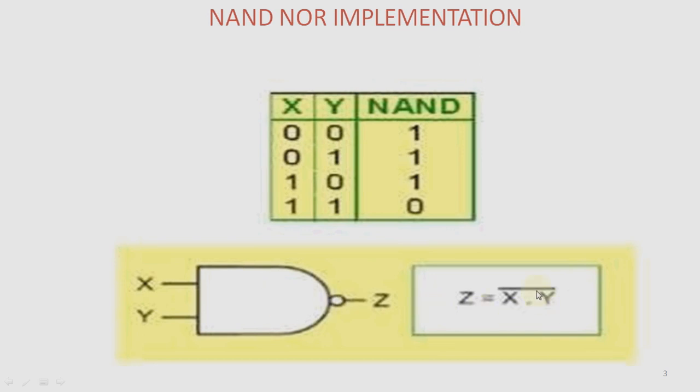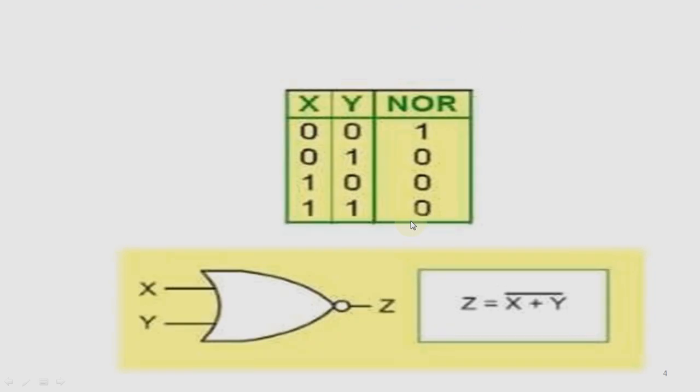So this is Z equals X dot Y, complemented, and we can see it in its truth table. The output of the AND gate is 0, 0, 0, 1. But for the NAND gate it is just the inverse: 1, 1, 1, 0.